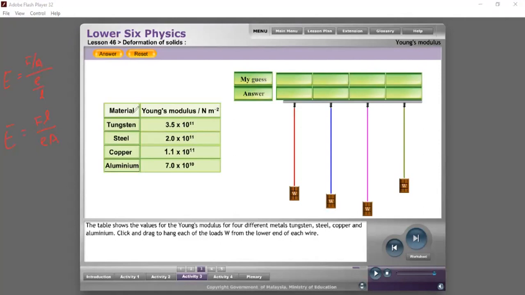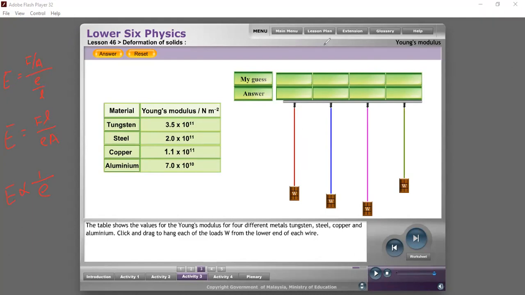Here we notice that we just have the extension difference, right? So this means that Young's modulus is inversely proportional to the extension. Correct or not? Original length.